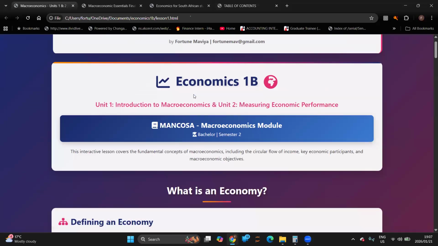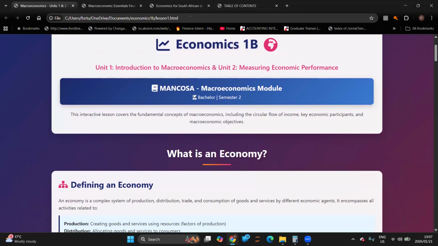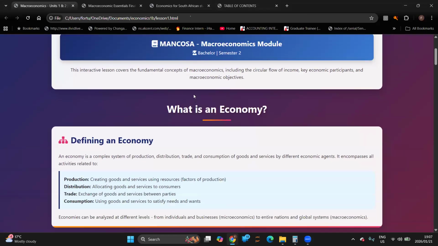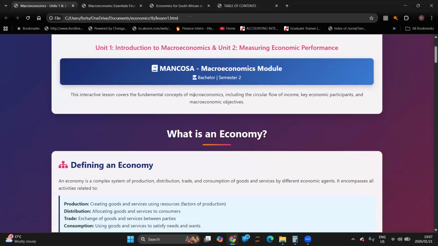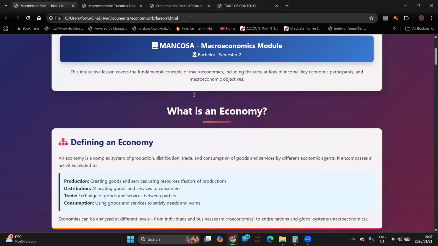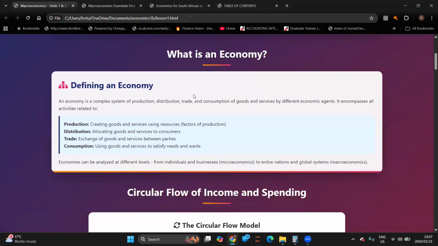So for today, we want to look at the broader term, which is defining an economy. Since we've talked about the differences between macro and microeconomics, we also need to appreciate the greater picture of what we're looking at.